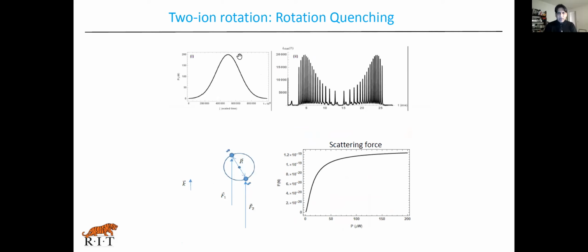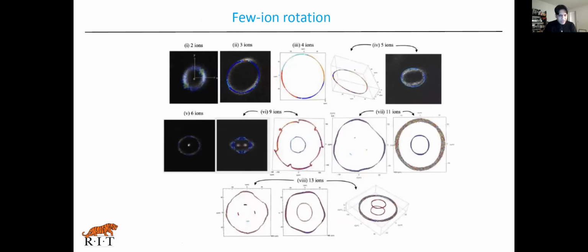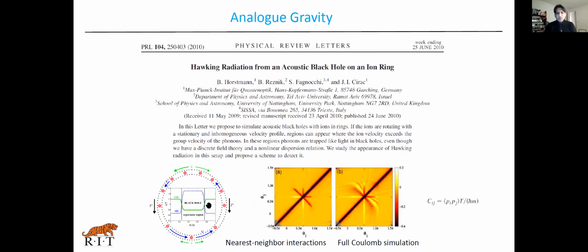If the power of this pulse was constant, you would just see a comb of peaks. So it's stationary, but it's not homogeneous. Of course, this proposal was for a larger number of ions, I think about 1,000, maybe 100 in a follow-up paper. But it would be interesting to see how the dynamics of this works in our system and how close we can come to seeing some signatures of this kind of analog gravity.